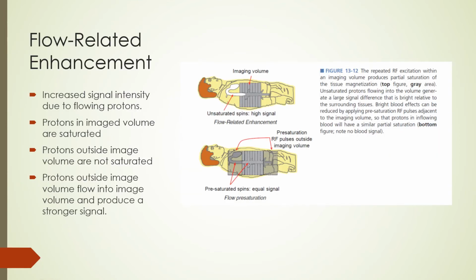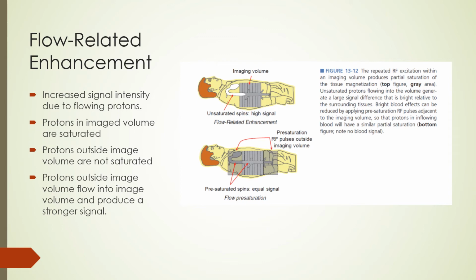Flow-related enhancement causes increased signal intensity due to flowing protons. Signal from blood is dependent on the relative saturation of the surrounding tissues and the incoming blood flow in the vasculature. In a multi-slice volume acquisition, the repeated excitation of the tissues causes a partial saturation of the protons in the imaged volume.